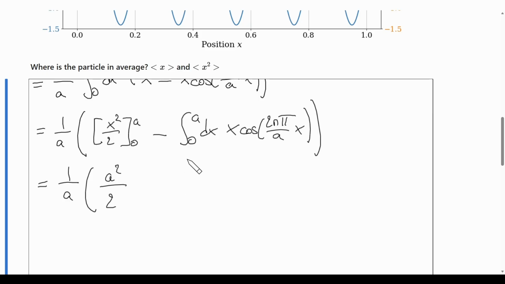And for the second one, there are two possibilities.